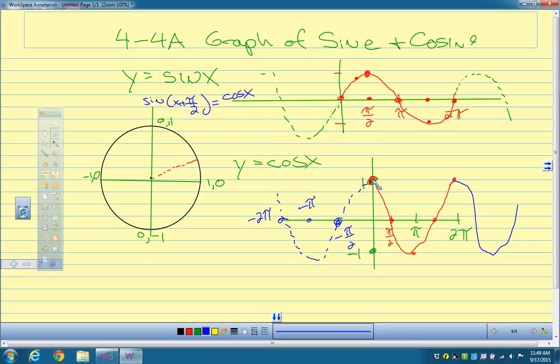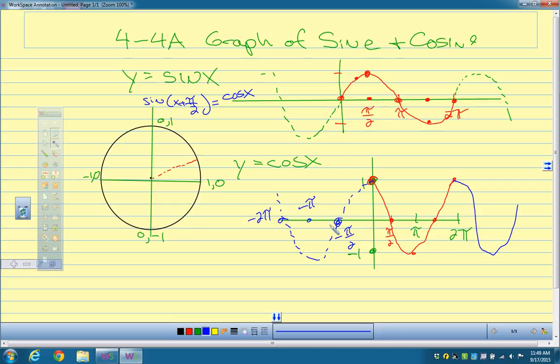How could I shift cosine x to make it look like sine of x? Backwards or forwards? Forwards. I'd have to move this forwards, right? Because how far would I have to move it forwards? Yeah, because if I took this point and moved it up to here, it would look just like this one. Do you see that?